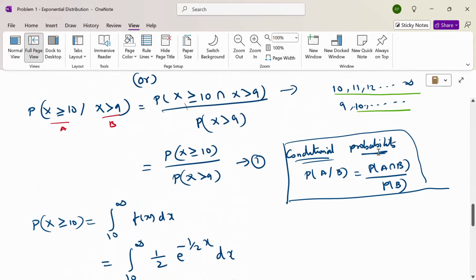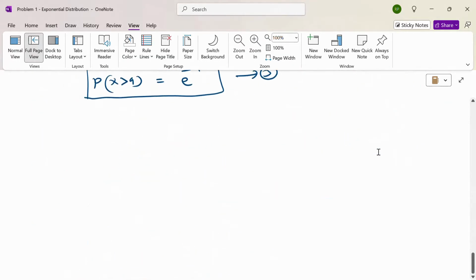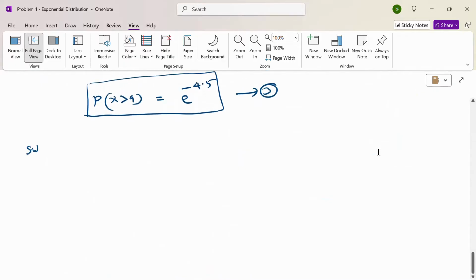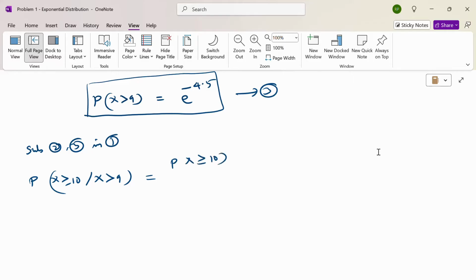Now substitute 2 and 3 into equation 1. X greater than or equal to 10 given x greater than 9 is x greater than or equal to 10 divided by x greater than 9. So substitute e power minus 5 by e power minus 4.5.